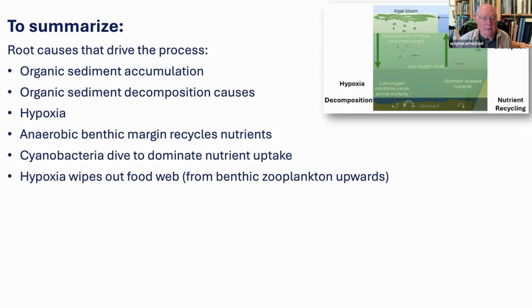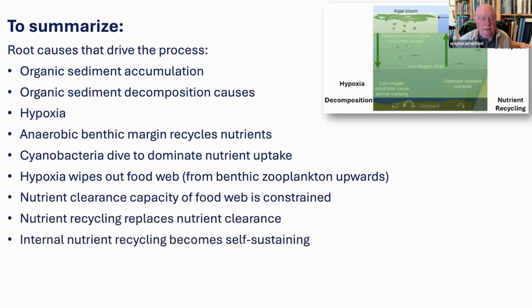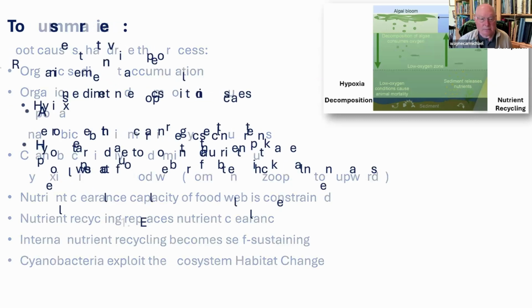The hypoxia diminishes or even removes the food web, especially the zooplankton and even upwards to fish. Nutrient clearance capacity of the food web is constrained. Nutrient recycling replaces nutrient clearance. Internal nutrient recycling becomes self-sustaining. Cyanobacteria exploit the ecosystem habitat change.